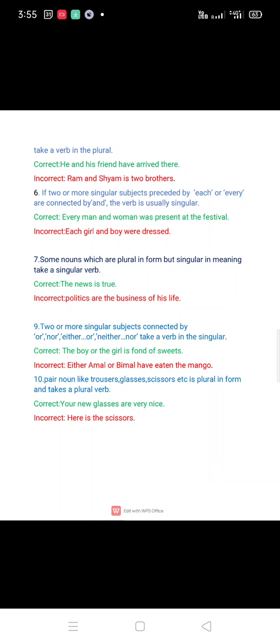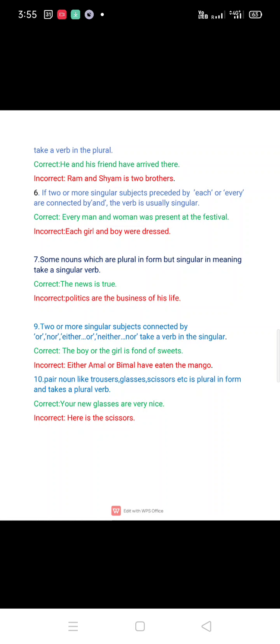Number 7. Some nouns which are plural in form but singular in meaning take a singular verb. Like you can see politics, news. These are plural in form, right? Because in news, s is added here.